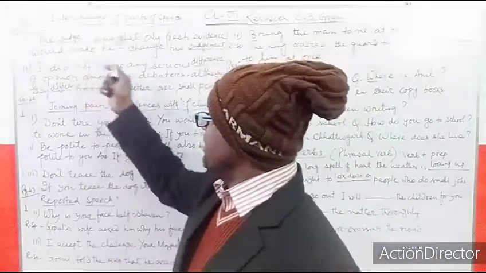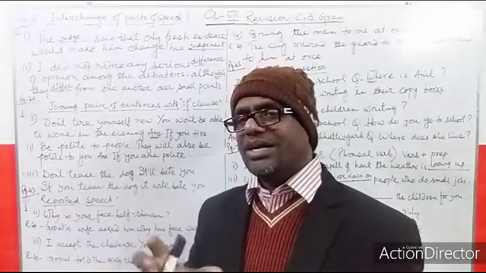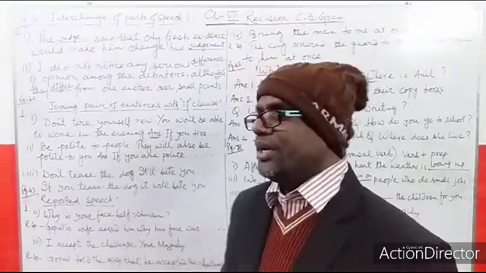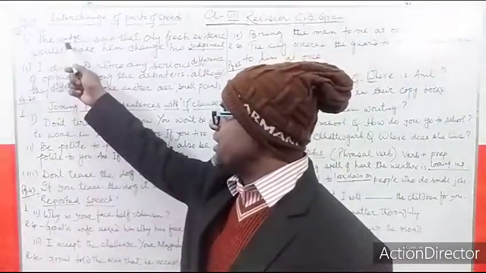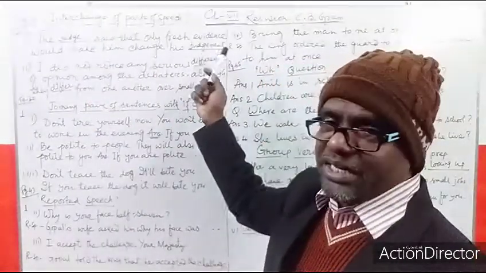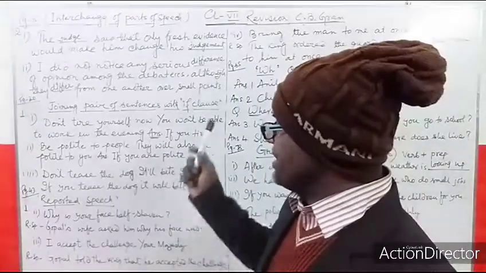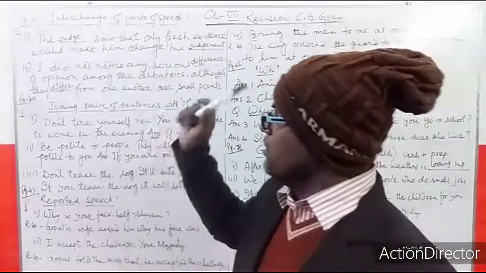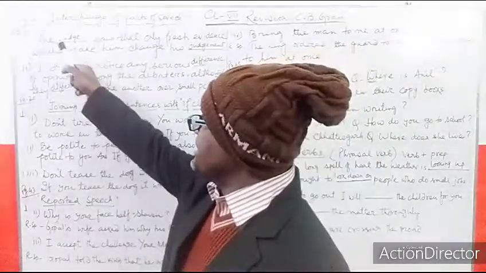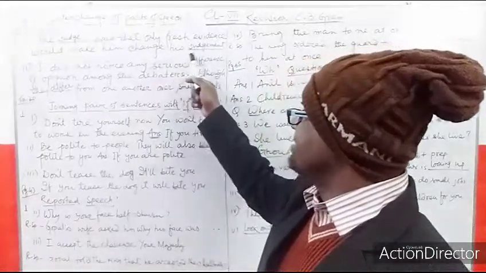So if you are asked to use only the word judge and its forms, in these two gaps, you need to use judge here, you need to use judgment here. Otherwise, you cannot make the meaning of this sentence. Okay? The judge said, that means the person who is in the profession of judgment, the judge said that only fresh evidence would make him change his judgment.